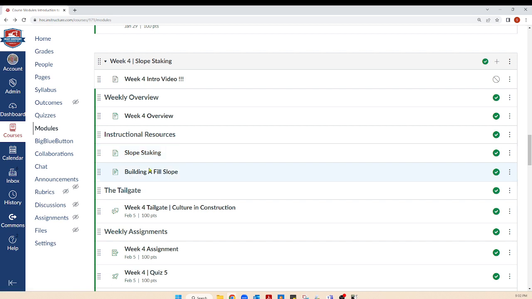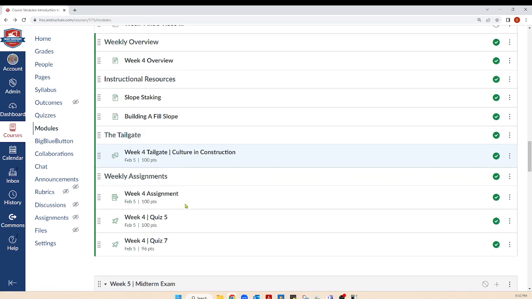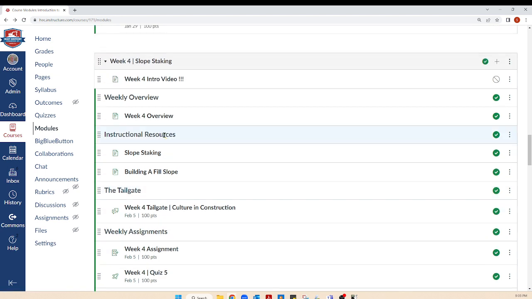There'll be slope staking, and then the actual building of a field slope, and then you guys know how to do the tailgates. There's nothing out of the ordinary there, but I will want to take a look at this assignment in this video. I think I'll get to that during this video, so you can understand what I'm looking for. So let's just get this going here, starting out with just slope staking.